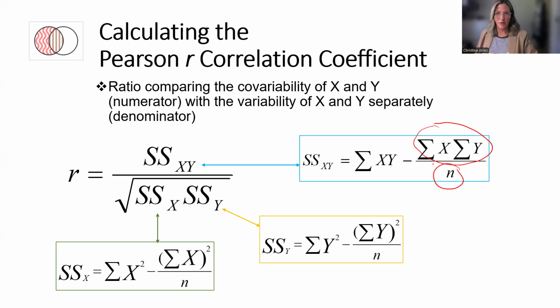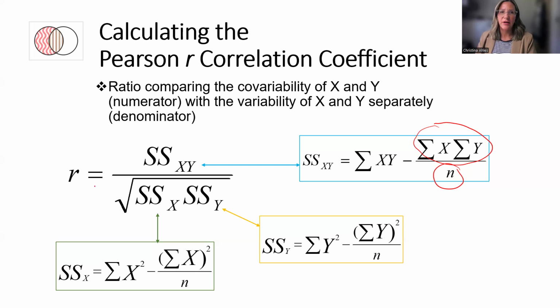So for every person, they have a social media score and a self-esteem score. So the sample size is the number of pairs, or the number of XY values, or the number of participants, because they're not at two different points in time. They're at one point in time.